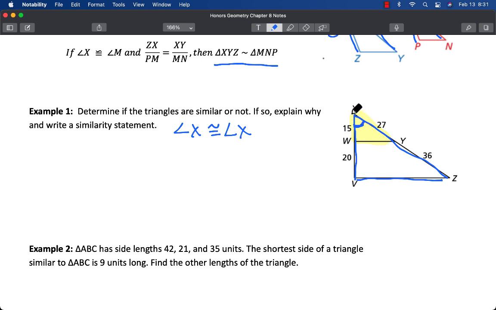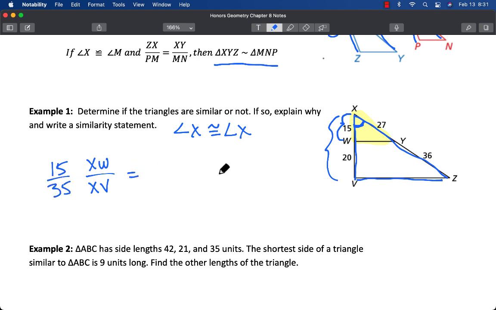Next, we want to check and see if our sides are proportional. The side of the smaller triangle, XW, is equal to 15. We put that over the larger triangle side, which is 15 plus 20, or 35, and that's represented by the side XV. So the first ratio is 15 over 35.